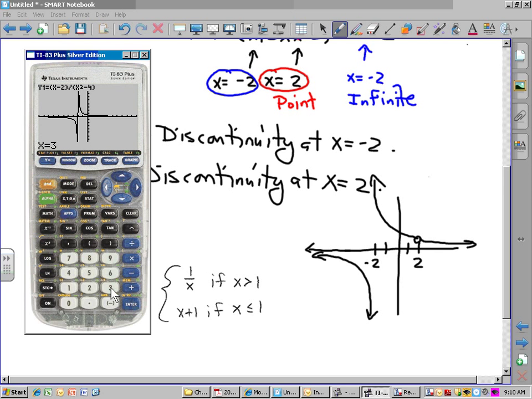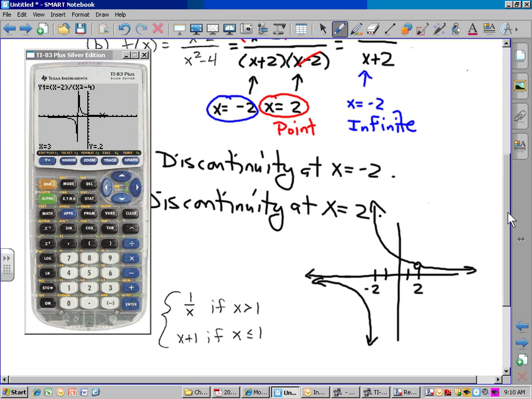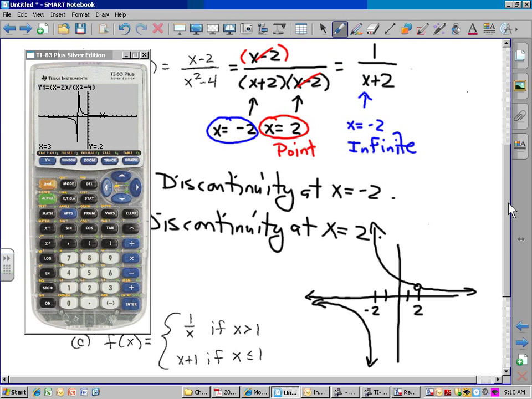We plugged in 3, we get 0.2, which makes sense because 1/(3 plus 2) is 1/5, which is 0.2. If we plugged in 0, we get 1/2, so x equals 0, we get 0.5. But at 2, there should be nothing because of that restriction. The x minus 2 canceled out. So infinite and point for that one.